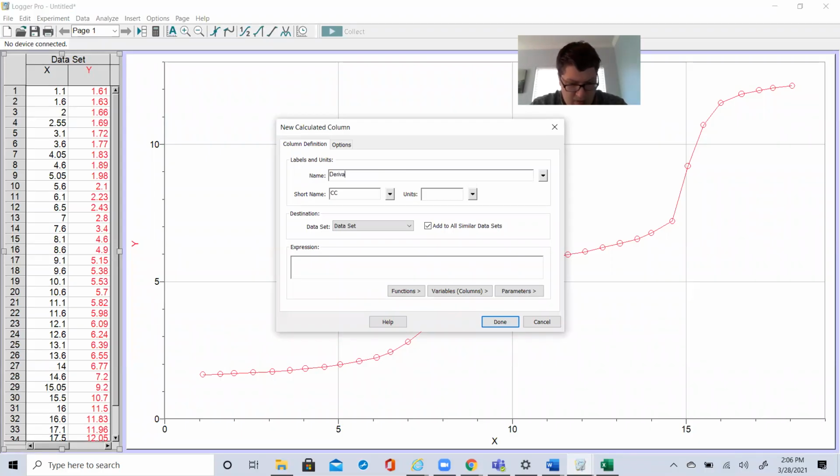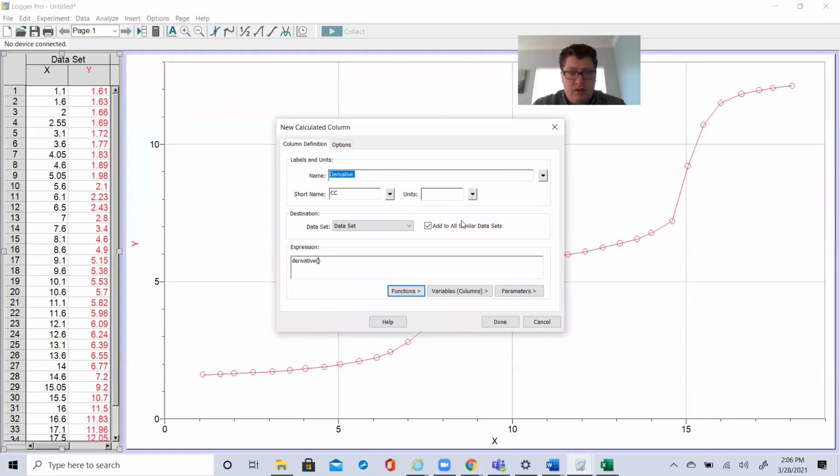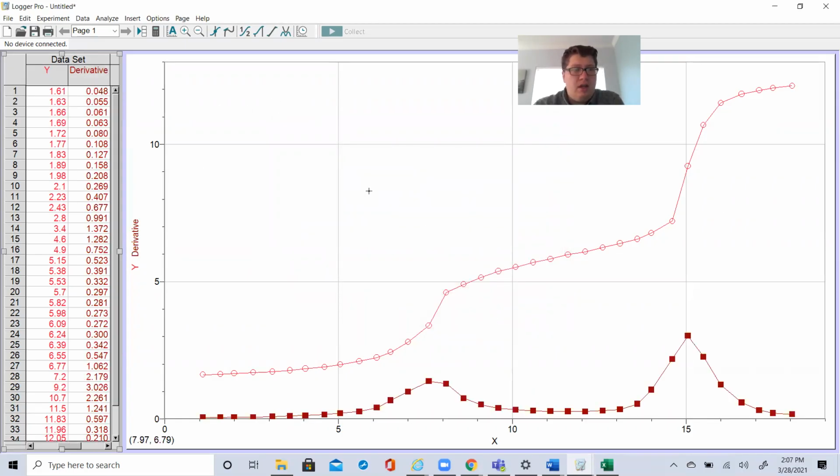This is exactly the same thing we did with the first acid-base lab. Functions, Calculus, derivative, quotation marks, y, quotation marks, comma, quotation marks, x. So this is y, the function of x. We'll hit Done.